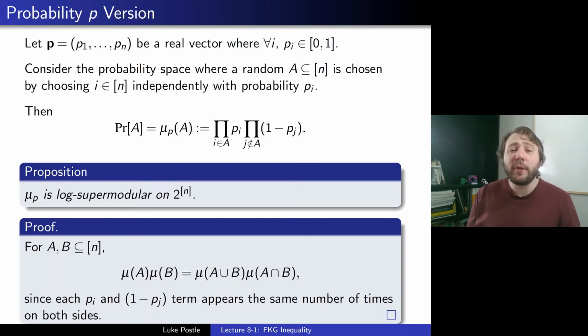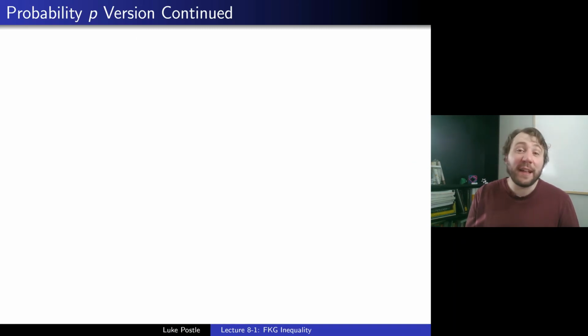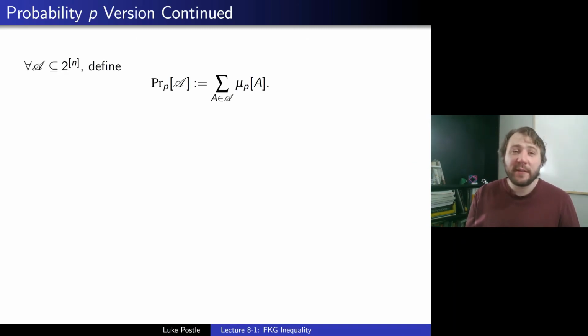So now we know this is another nice kind of function that's log supermodular, which comes from these independent choices with the pi. So from that, you can get a more general version of Kleitman's lemma. Namely, for every family of sets script A, you define the probability P of script A to be the sum over its elements A in script A of mu_p(A), this measure there.